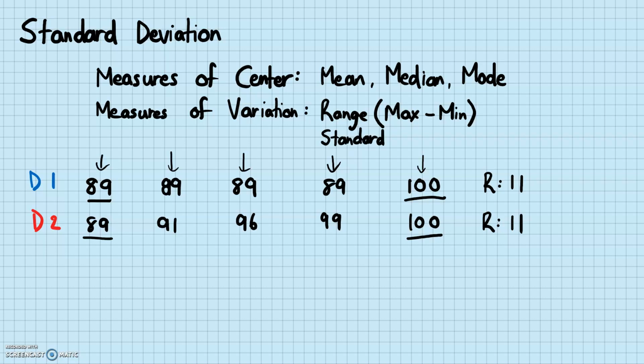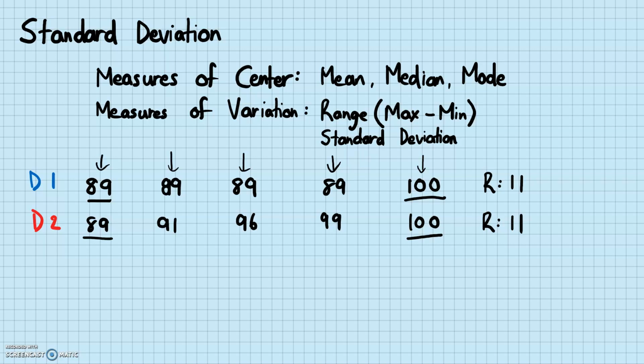But before we go into standard deviation, I would also like to go through the middle steps of standard deviation. So what do we mean by standard deviation, and what are the steps that we should take to get to the standard deviation?